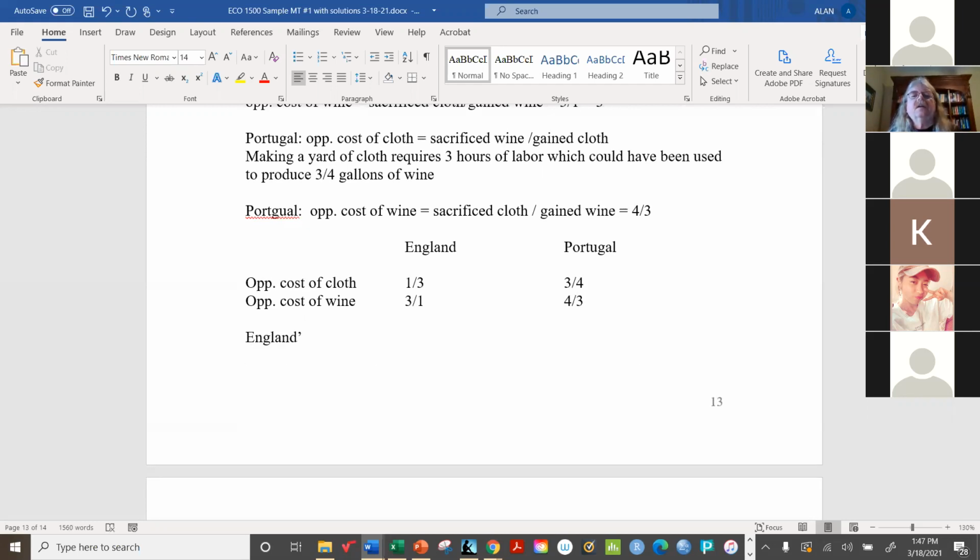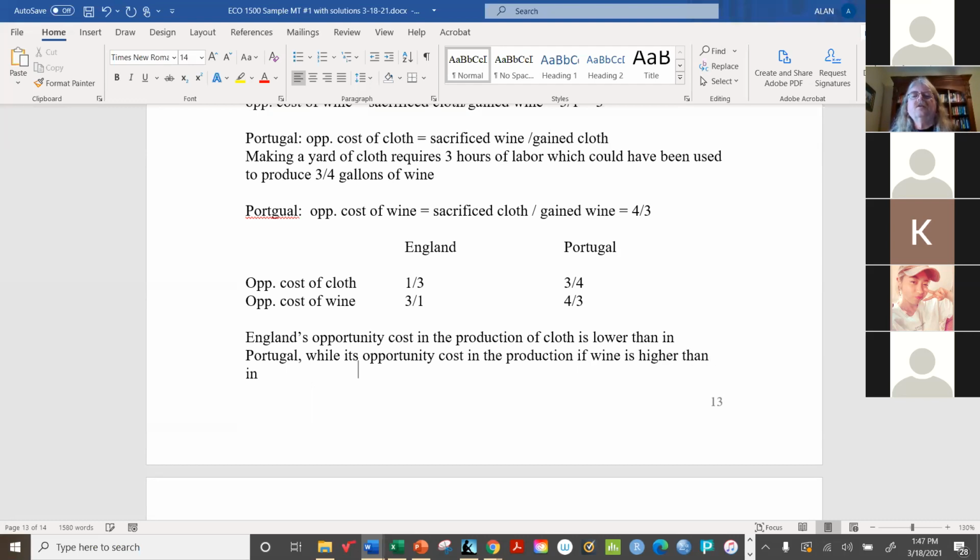England's opportunity cost in the production of cloth is lower than in Portugal, while its opportunity cost in the production of wine is higher than in Portugal.